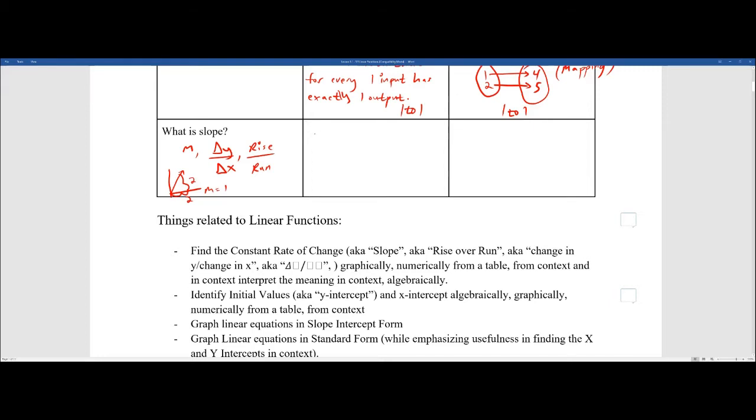Now slope in terms of Algebra 1 is really about the rate of change created by the inputs and outputs of a linear function.